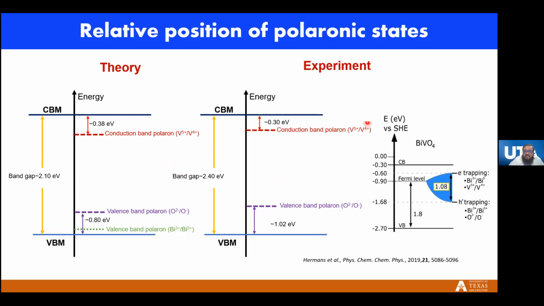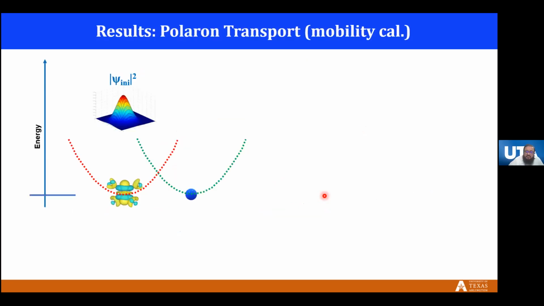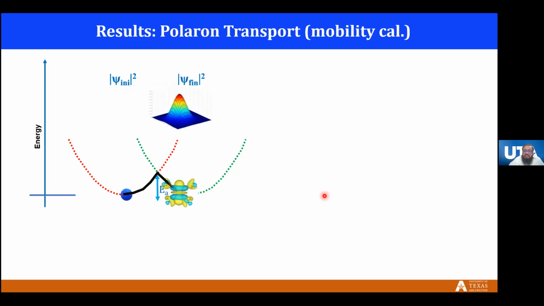This is the published figure. I just copied it from the paper. Now, in polaron conduction, one of the important things is that when a polaron hops from site to site, there is an energy barrier. We call it the activation barrier, and we calculated the activation barrier for both electron and hole polarons. When the polaron hops from one site to another, it goes through this activation barrier.